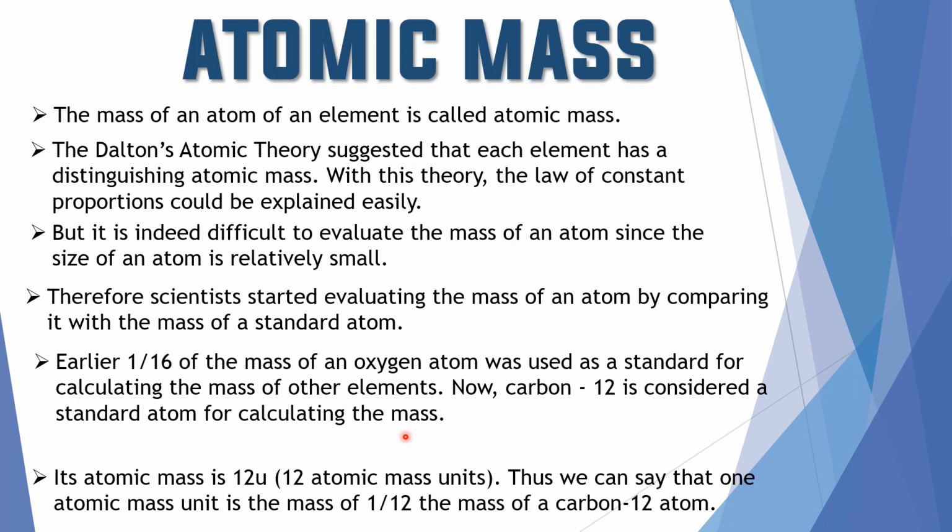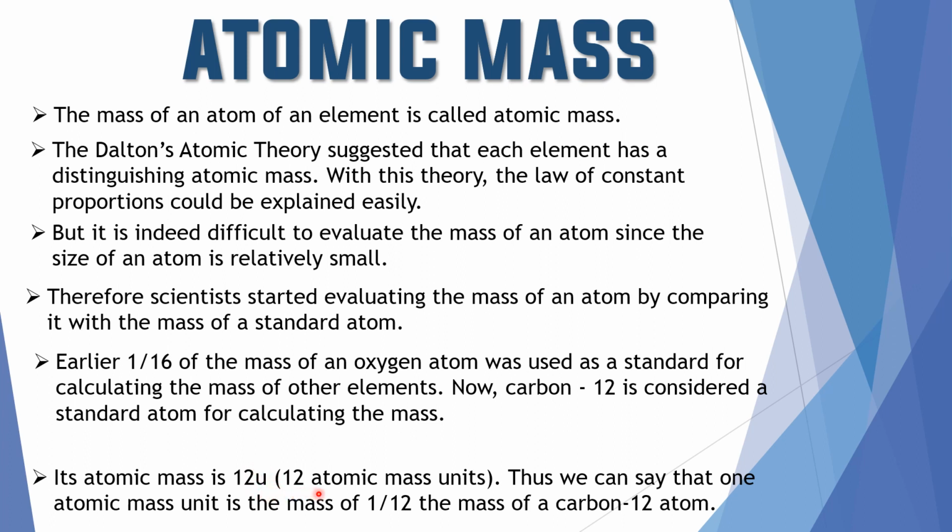And what is the definition of atomic mass? The atomic mass of carbon-12 is 12 u, or 12 atomic mass units, AMU, or nowadays we call it u. So u is the unit of atomic mass.